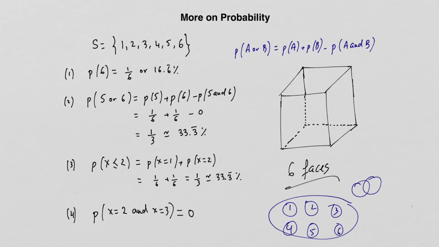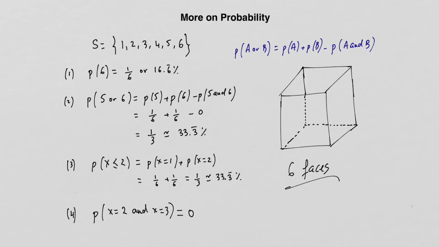So if they don't intersect, the intersection, the 'and' part, is non-existent, okay? And that's why the probability of getting a 5 and a 6 is just nothing. It's 0, okay? So the answer is 1/3. It's not 33.3%, by the way. It's 33.3 bar percent.